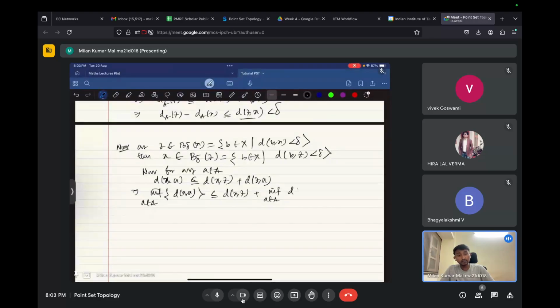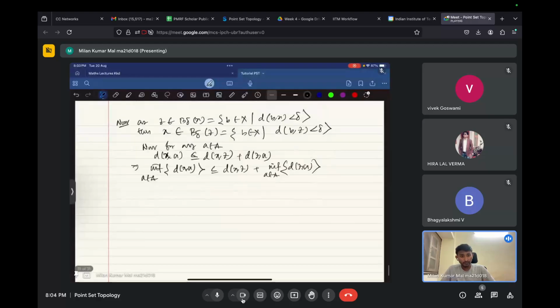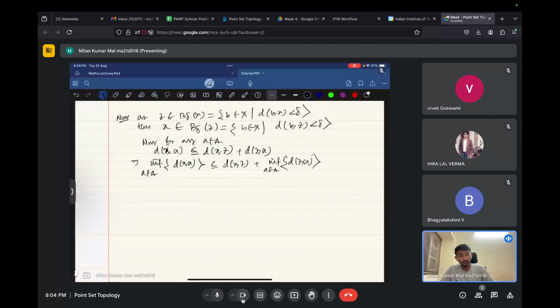This is possible because this metric d is always non-negative, not positive, non-negative. That's why the less than or equal to and taking infimum is possible. So d_A(x) is less than or equal to d(x,z) plus d_A(z).